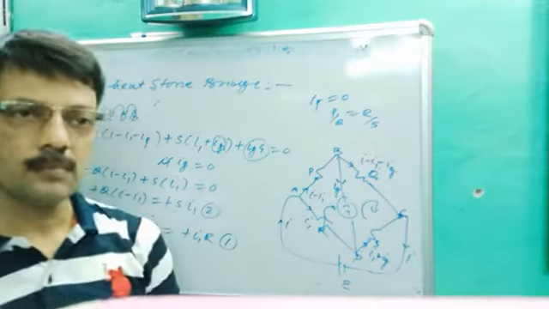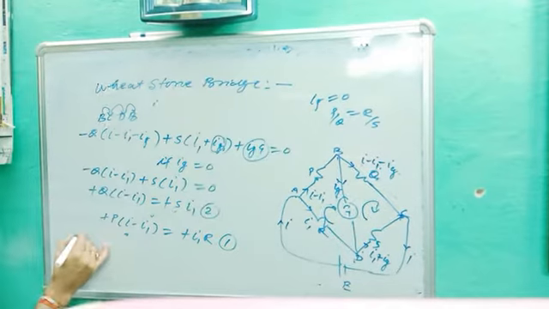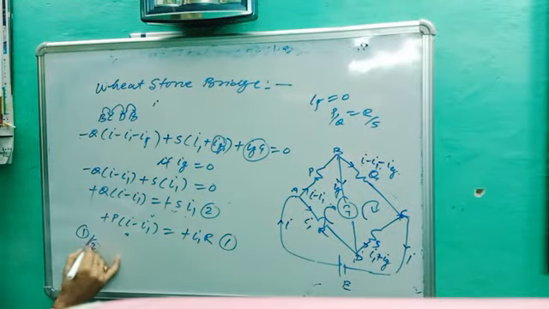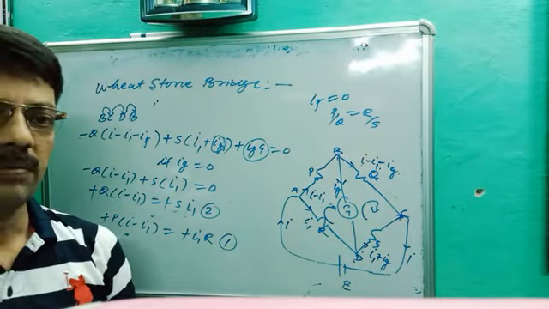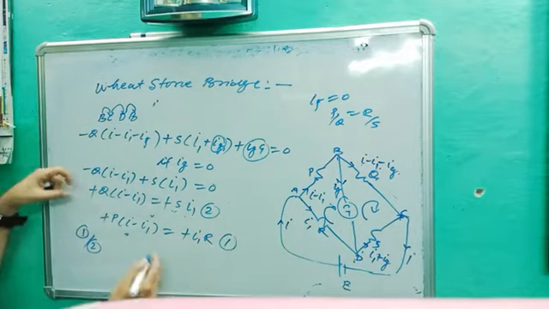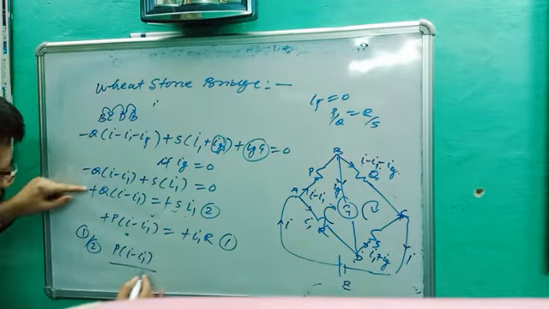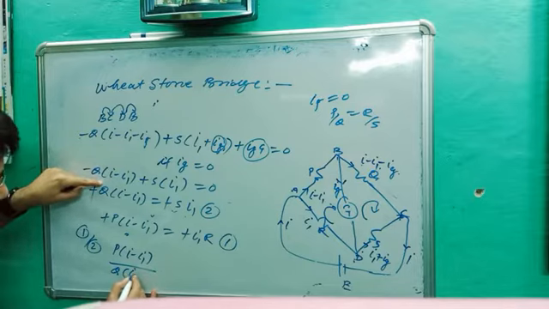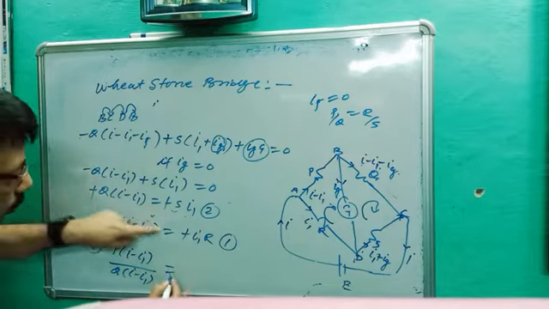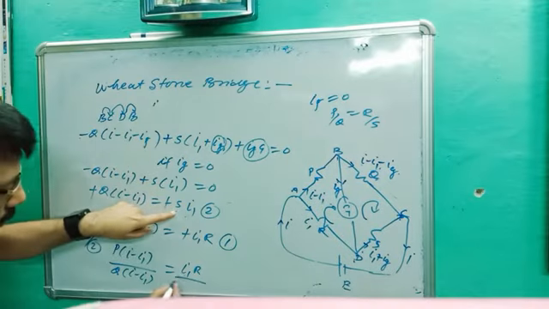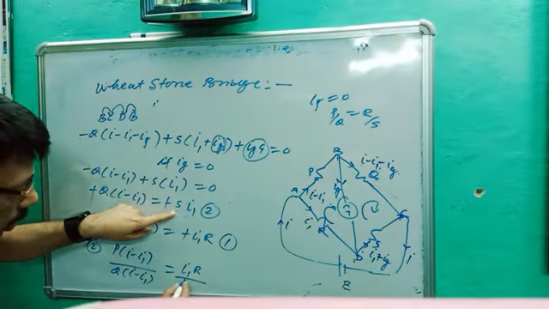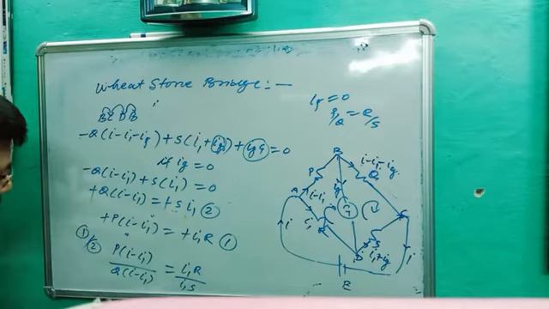Very easy way. So divide first by second. What do we get here? P(I minus I1) upon Q(I minus I1) equal to I1R upon I1 into S. That quantity will cancel out.